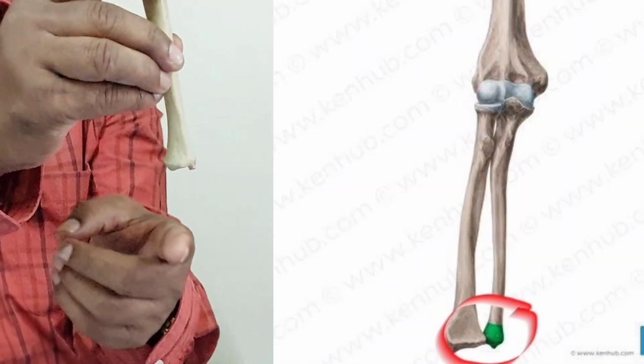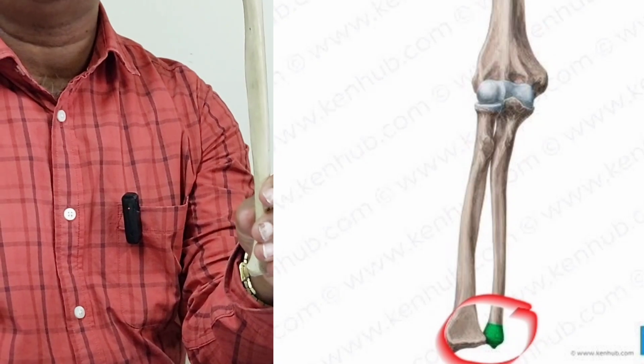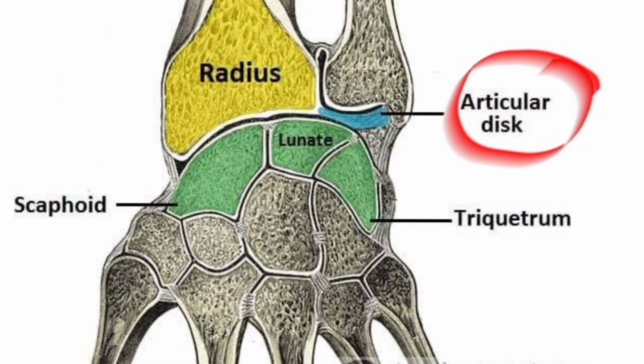This head articulates with the radius at the lower end also, forming the inferior radioulnar joint. But one important question may be asked: does it form the wrist joint? The answer is no. The head of the ulna does not form the wrist joint because it is separated from the lunate bone. There is a cartilage intervening between them. That cartilage is called the articular disc, which is a fibrocartilage.